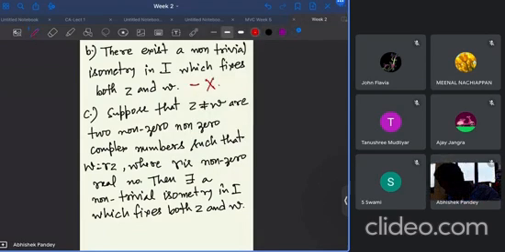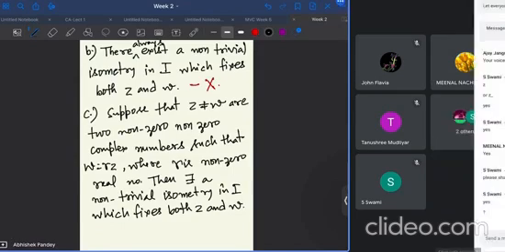There always exists, okay, so this is also false. I hope this is clear.